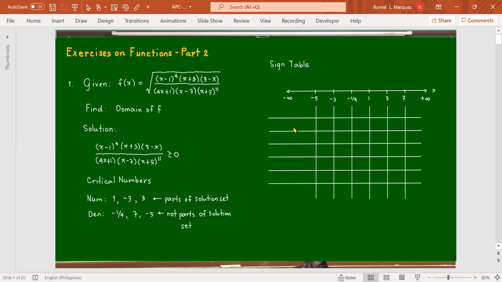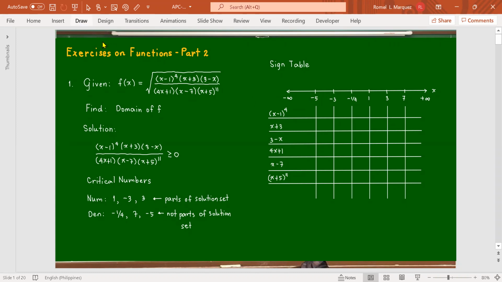After that, we list down all the factors involved in the numerator and in the denominator: (x − 1)^4, (x + 3), (3 − x). In the denominator, (4x + 1), (x − 7), (x + 5) raised to 11.